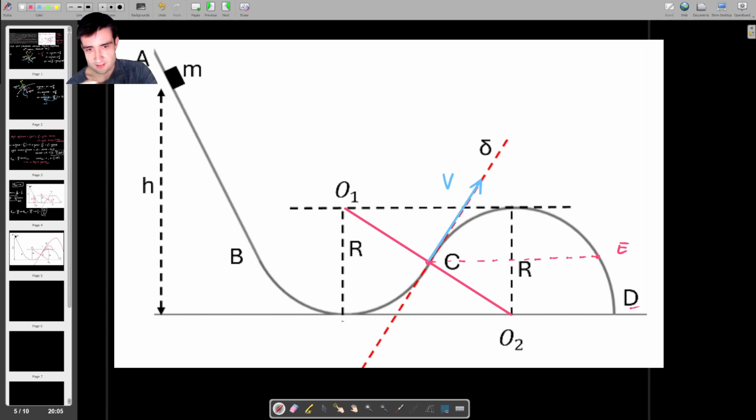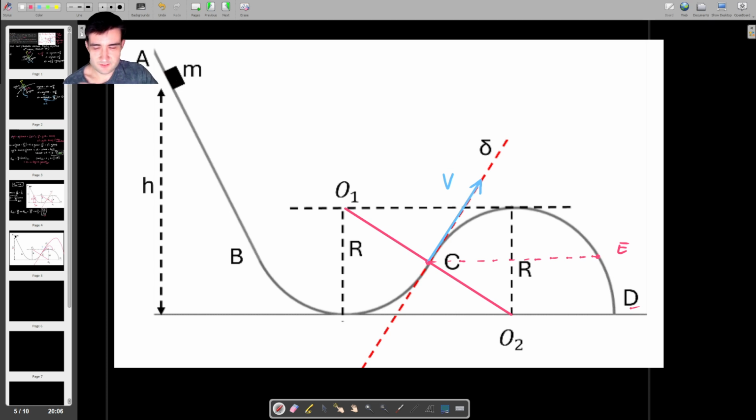The object is leaving the path at C, and it has to have enough speed, but not too much, because if it's too much, it can go completely off the circular path. It has to have enough speed to land at point E, where point E has the same elevation as point C. So that's quite an interesting problem, I think.